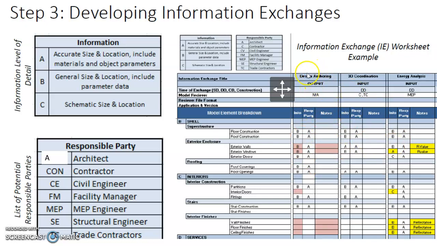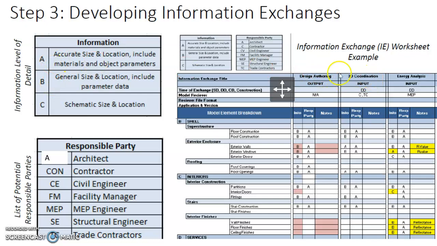Maybe during the design stage, the information needed for the exterior walls is at level B, and the responsible party will be, say, the architect. But by the time it goes to the 3D coordination model, the information needed then gets upgraded to become level A.